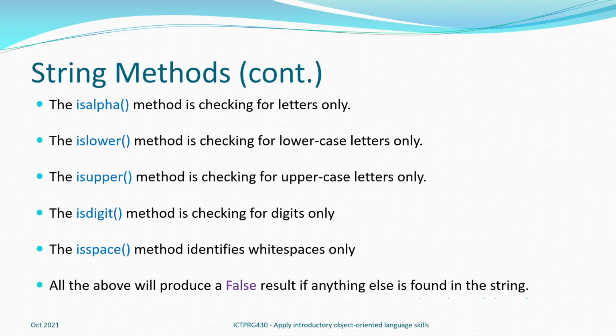The above will return a false result if anything else is found. So if it's looking for letters only, if it finds anything other than what can be classed directly as an alphabetical character, it's false. Goes for all of them.